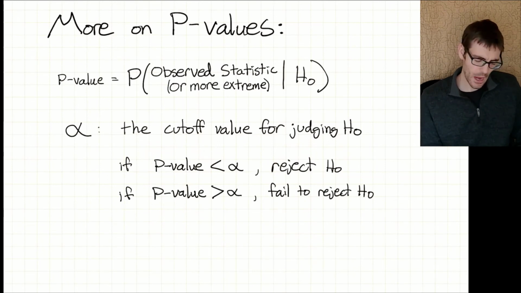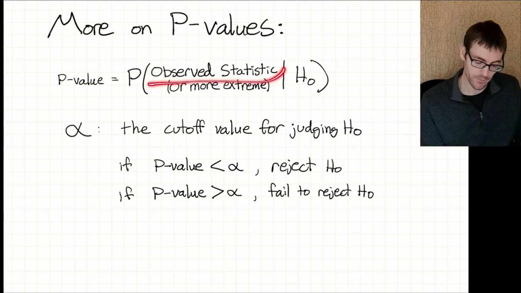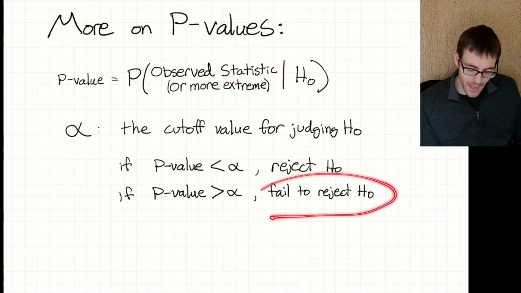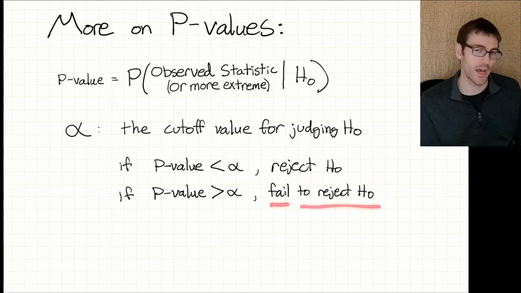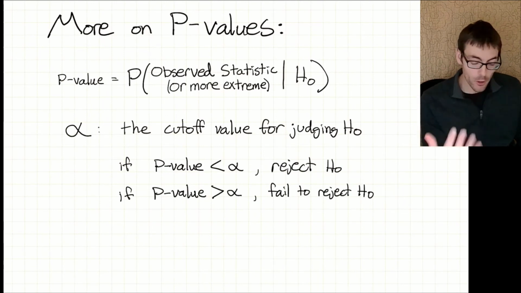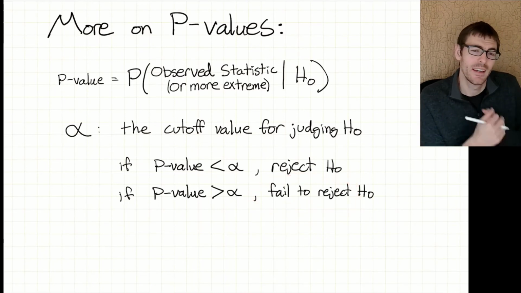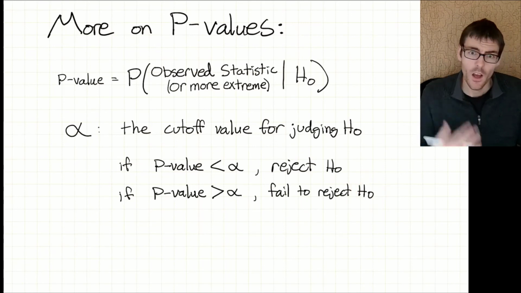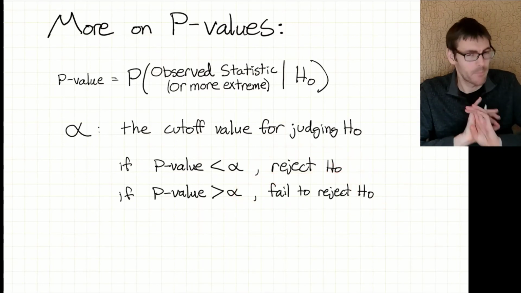If instead our p-value was bigger than alpha, if we had a reasonably likely observed statistic, then that is not evidence to get rid of the null hypothesis, so we're going to fail to reject the null hypothesis. Again, as a reminder, we're not confirming the null hypothesis, we're not accepting it. All we're saying is that the observation that we made isn't enough to get rid of it. Okay, so these are the only 2 things that can happen, and it's very much a binary scale.